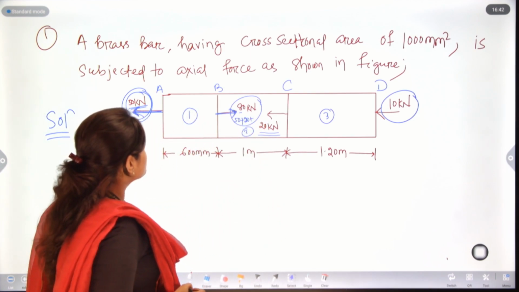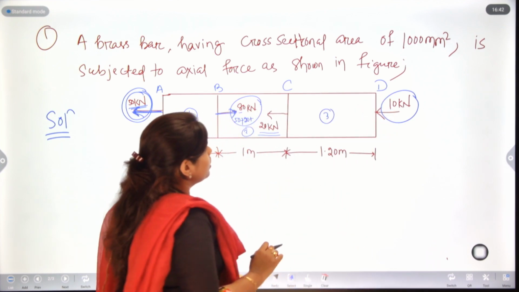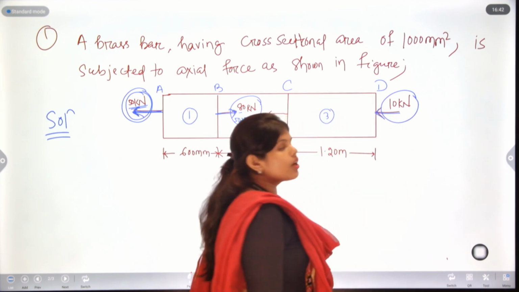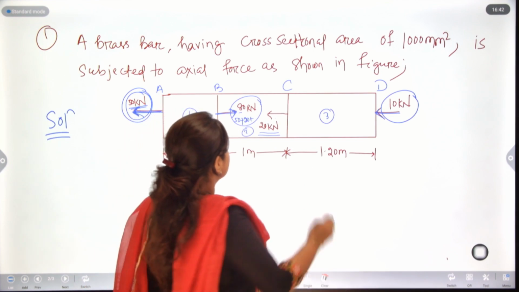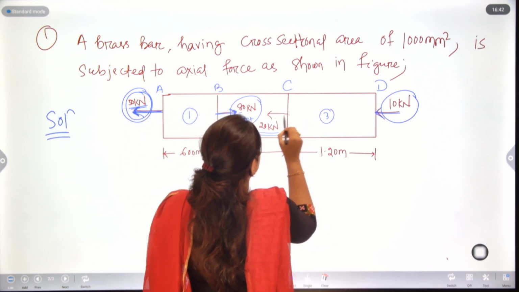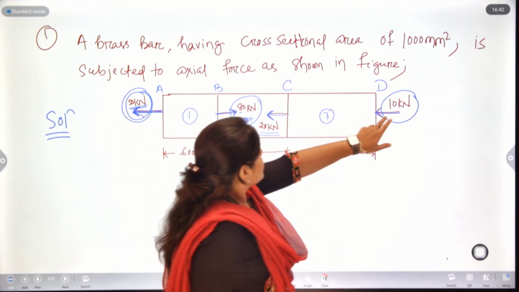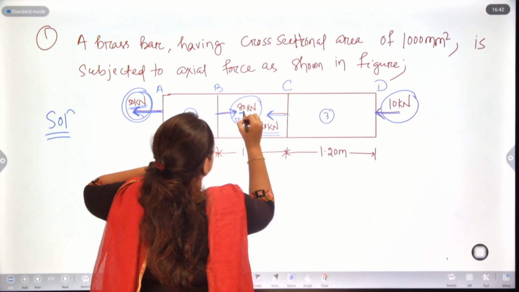Also in the CD section, we have a compressive force on one side, but on this side it is tensile. The force is not given here, as this is for the BC section, so this is the 80 kilonewton.